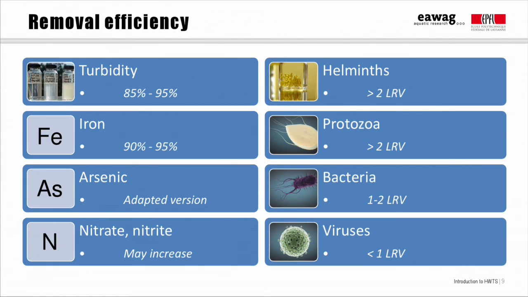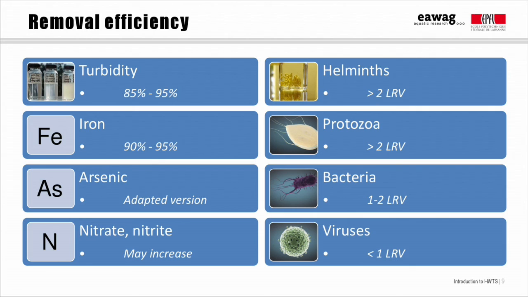Some physical and chemical components are also removed through biosand filters. Turbidity is nicely removed, with about 90% removal, 85 to 95%. Iron is well removed because it oxidizes within the filter and precipitates out on the sand coatings. So you might see 90 to 95% removal there. A typical biosand filter will not remove arsenic, but there is an adapted version which includes an iron source, usually iron nails, which is much more effective at arsenic removal.